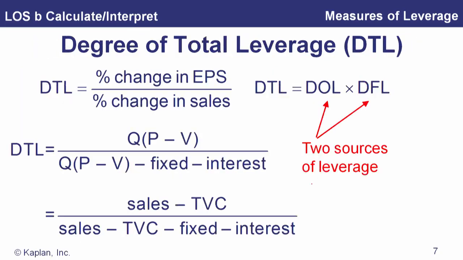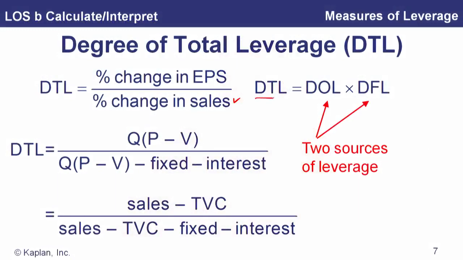And we can take these two together and come up with the degree of total leverage. The denominator is the same one we had for the degree of operating leverage, but our numerator is the one from the degree of financial leverage. So this is jumping us from sales to earnings per share. It's really just the product of operating leverage and financial leverage.